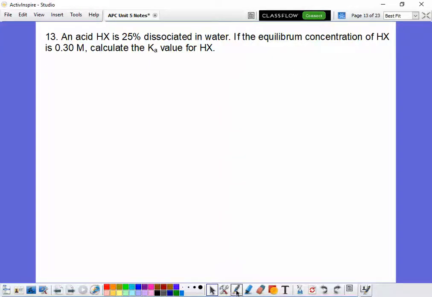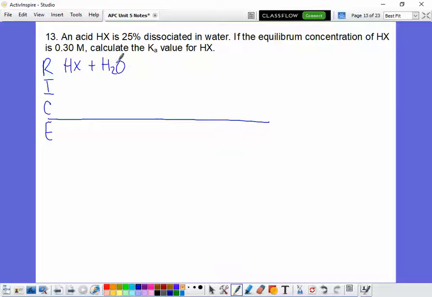We're going to write a RICE table. So HX plus H2O. If HX is an acid, what are my products of this reaction?